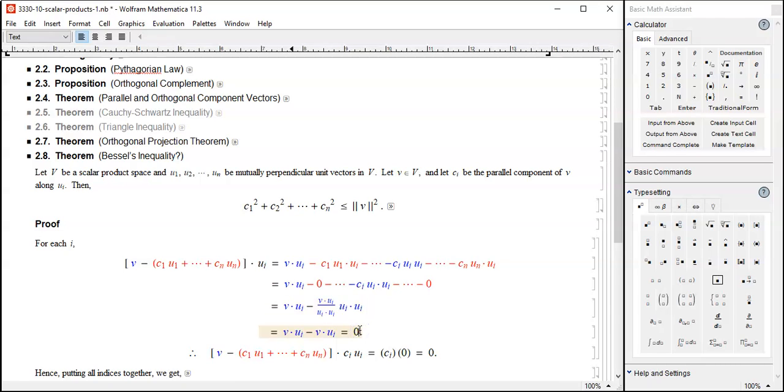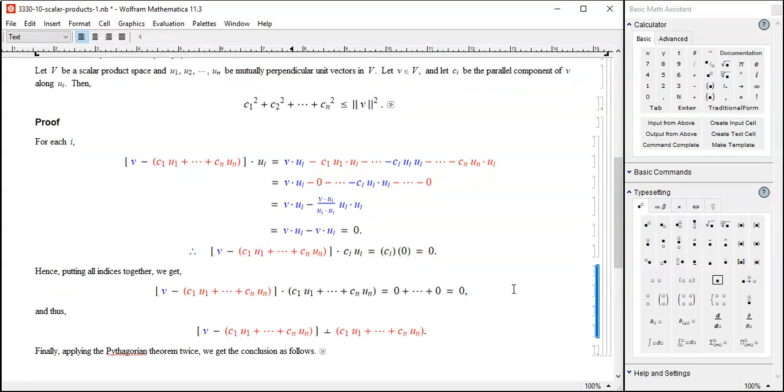And then what do you get? v dot ui minus v dot ui is equal to 0. How useful. 0 times ci is 0, so this dotted with ciui is equal to 0, and finally we are ready. Alright, next.